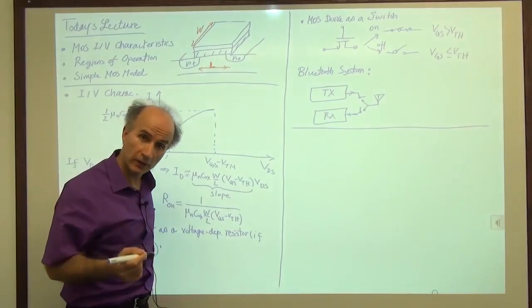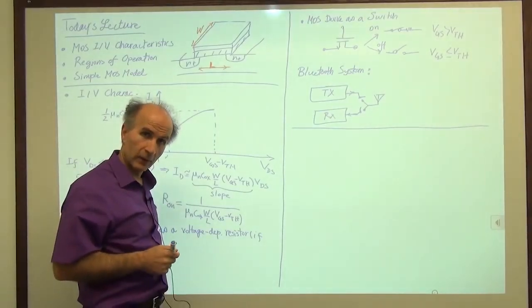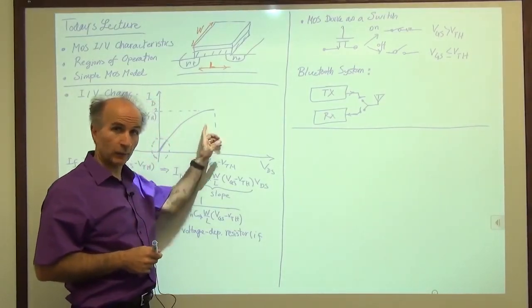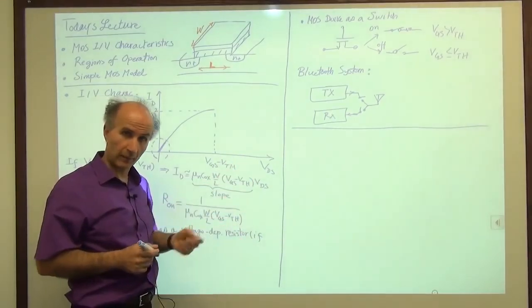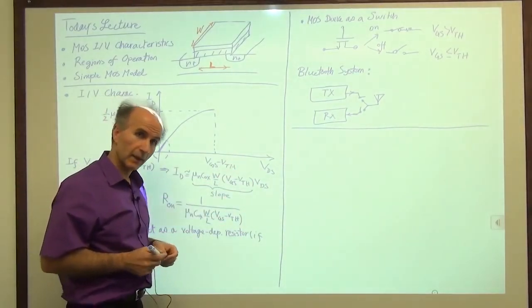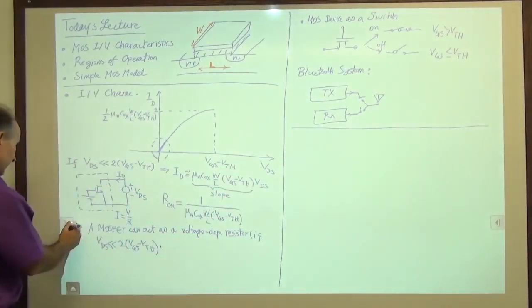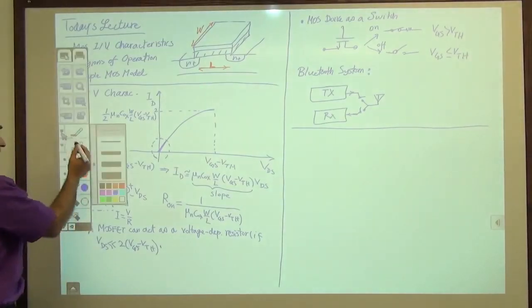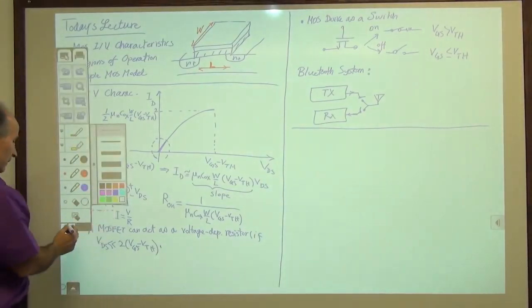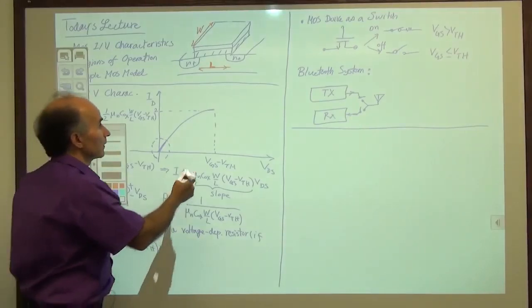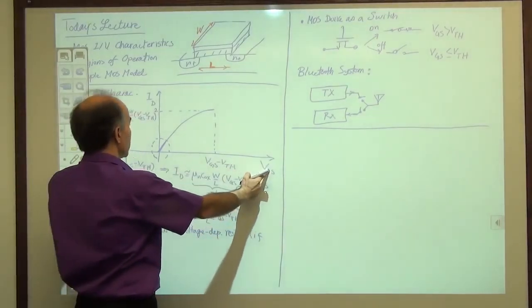Now, when people measured this device for the first time, they had expected that it would go down because that was what the parabolic equation said. But then, when they tested the device, strangely enough, that didn't happen. So they increased VDS and measured the current.